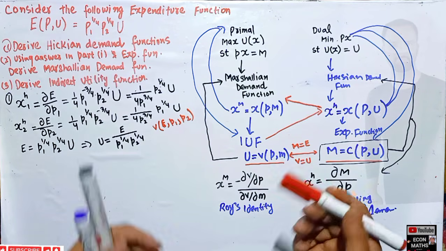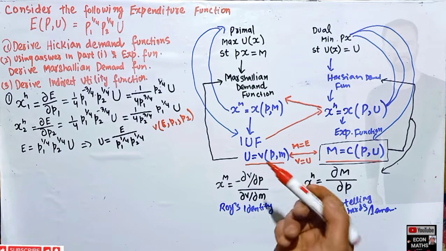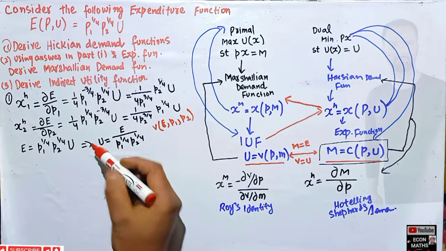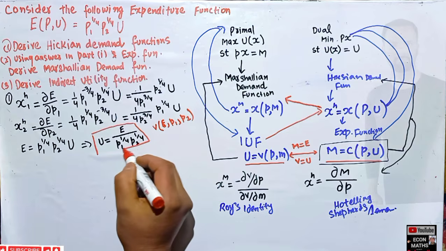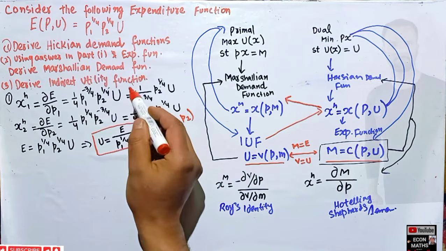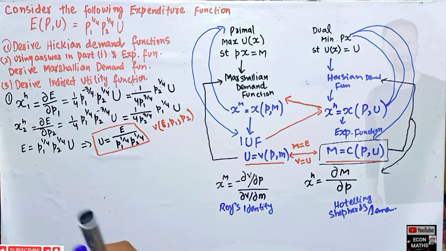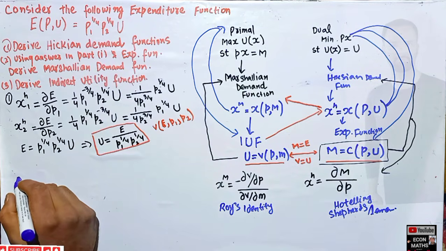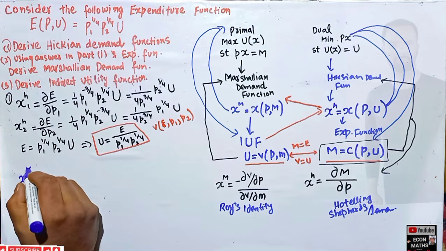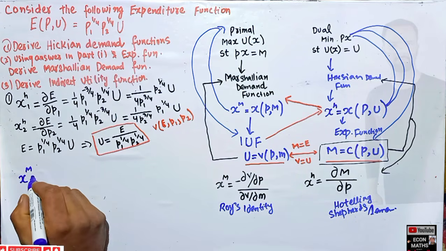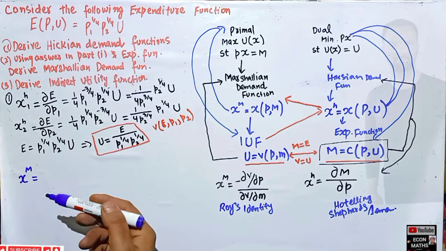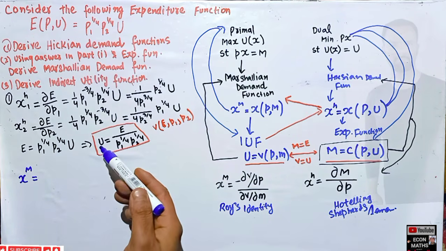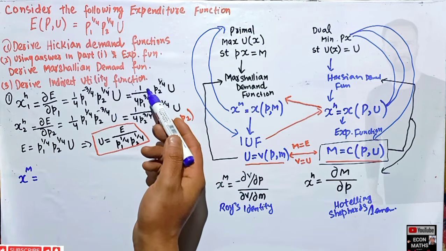Let me write it here. x superscript m denotes the Marshallian demand function. So the Marshallian demand function is derived when we put the indirect utility function in the Hicksian demand function.